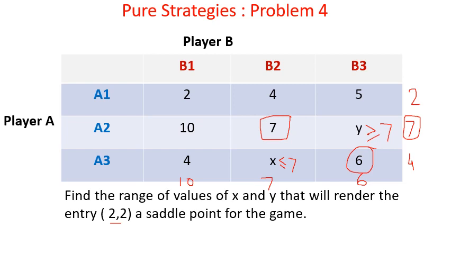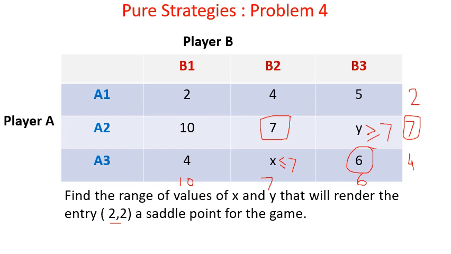This cannot become the saddle point then. So, a little bit of thinking is required here. Your thought process should be sharpened here. In this particular case, it's all about thinking. For what range of values x and y will render that particular A2, B2 point as a saddle point?